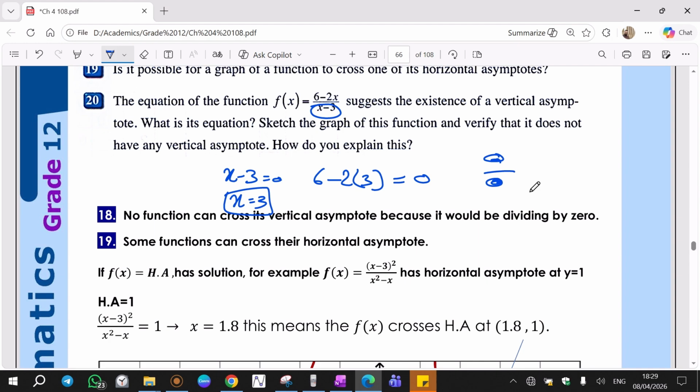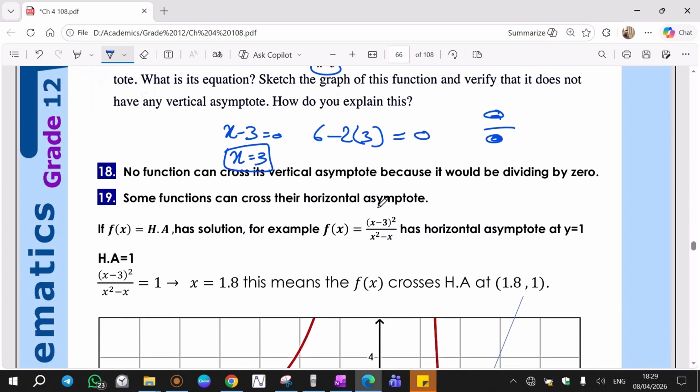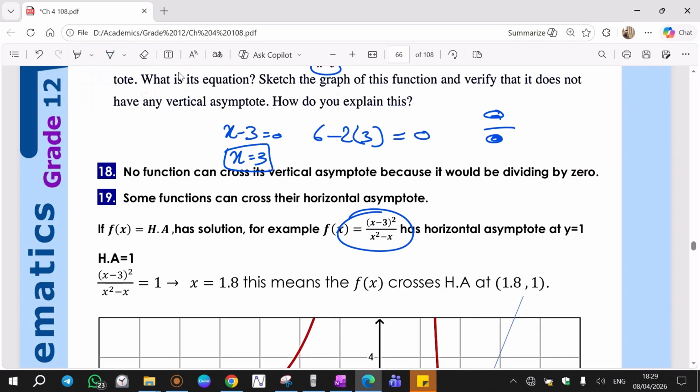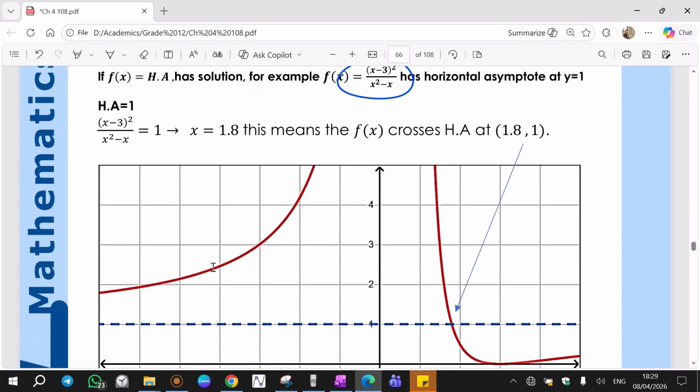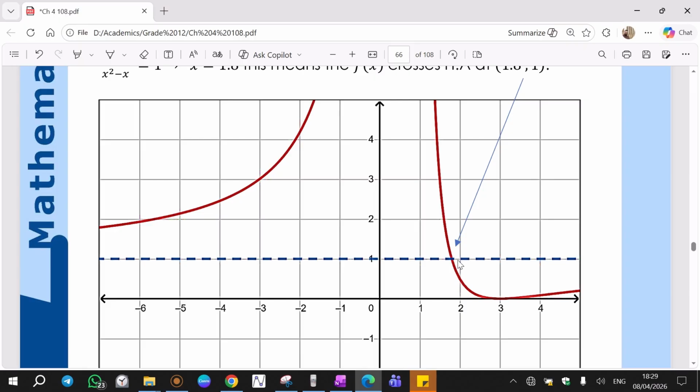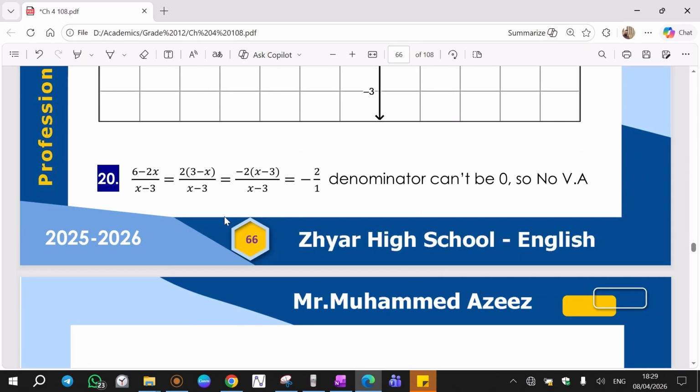And if we simplify 6 minus 2x with x minus 3, we can simplify it like this. No, that's not question 20. Question 20 is below. This is an example showing that functions can cross horizontal asymptote. And here is the answer of question 20.